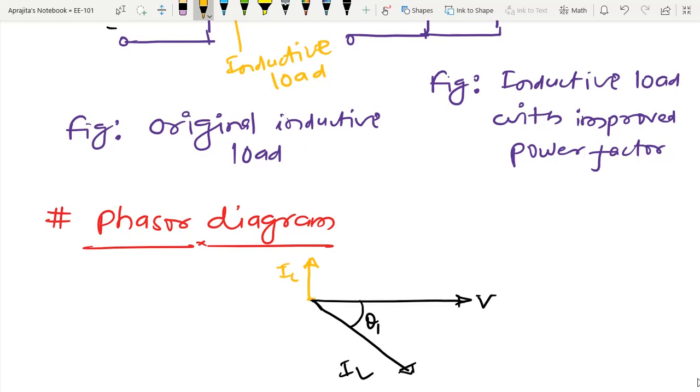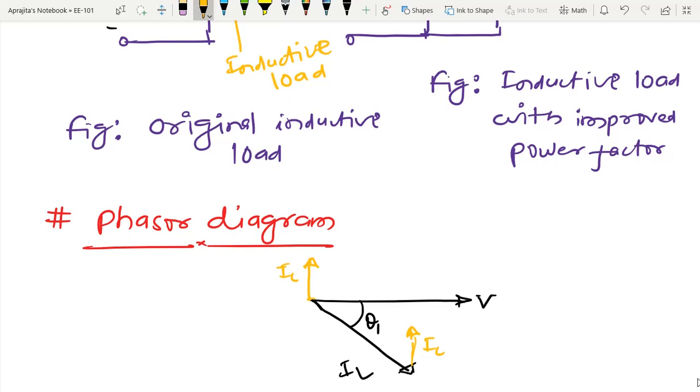Now since I am going to add this capacitor in parallel with that, somehow the same kind of thing I am going to do here. So I am going to add one more vector here, and this vector is nothing but IC, parallel to this.